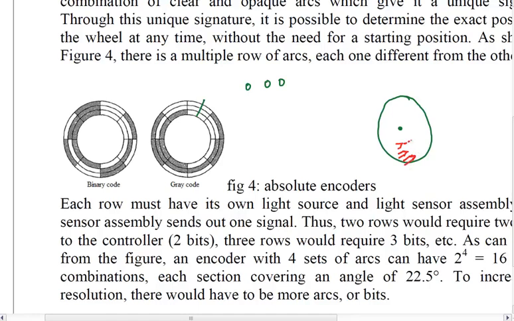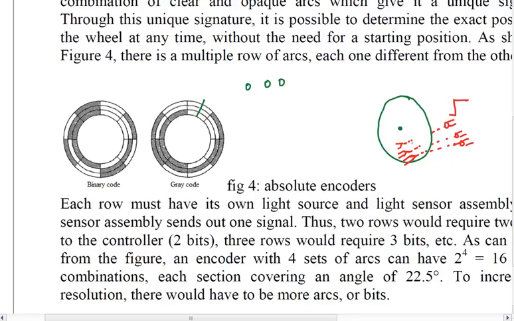And the light is going to pass through these discs, and here you will be having the three receivers or photodetectors which will detect if there is light. If there is light, it will give a high pulse. If there is no light, it will give a low pulse.